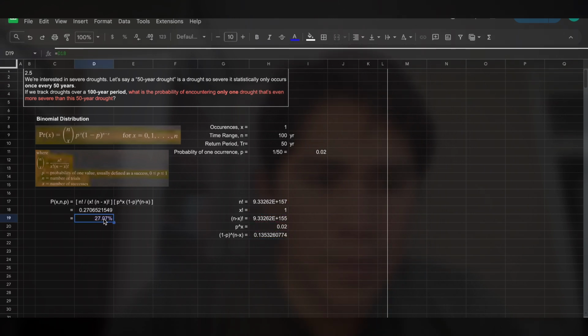So this is the answer. The probability of only one drought being more severe than this 50-year drought in a 100-year period is 27.07%.